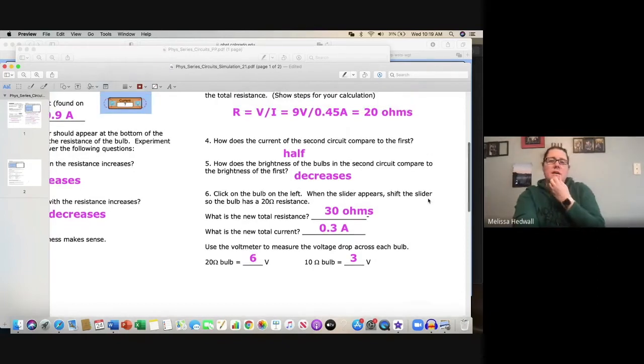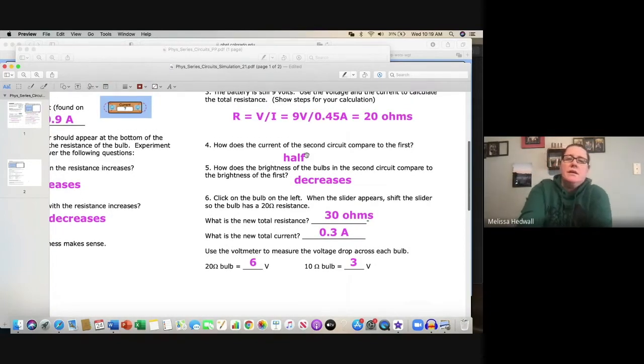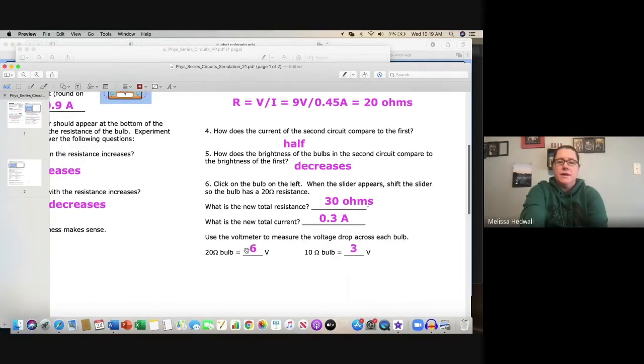So we're looking at how the current has cut in half because I've added more resistance. The bulbs are not as bright because my current's dropped. My new resistance when I change the bulb is 30 ohms. New current, 0.3 amps, and then 6 and 3 volts for the drops there.